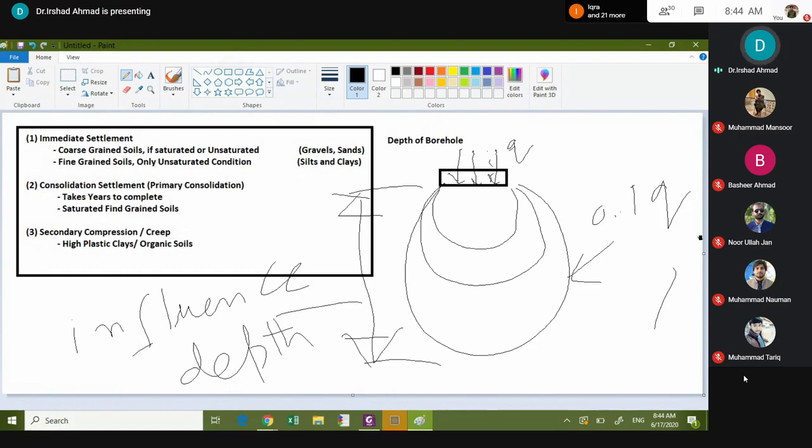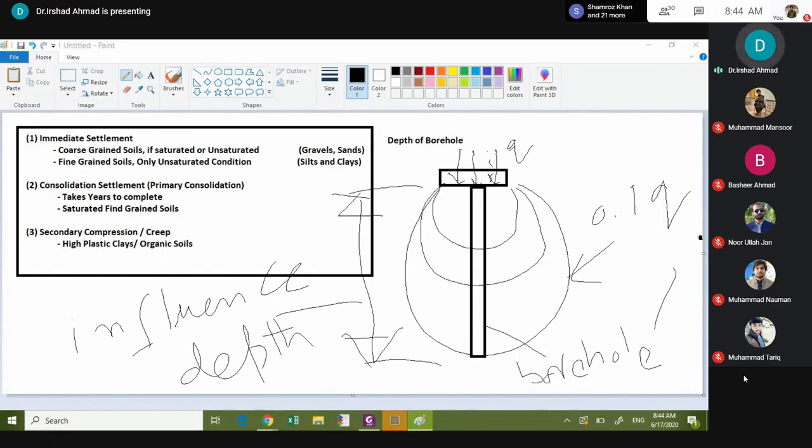If this is the borehole, this information you must know. So now the question is, how deep is the influence depth?